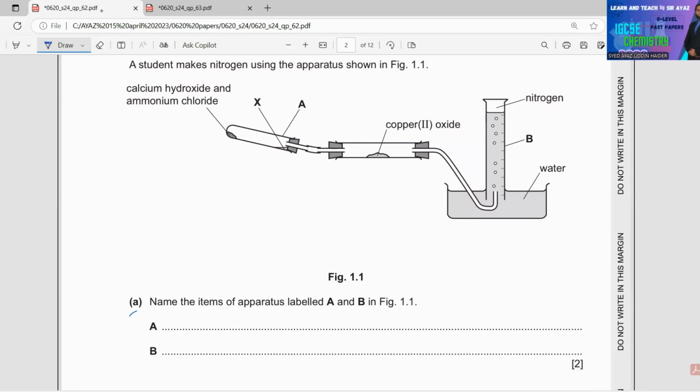You can see the shape. You can easily identify it's a test tube or boiling tube. B is a measuring cylinder. If you see the shape, it's a measuring cylinder. It's inverted.